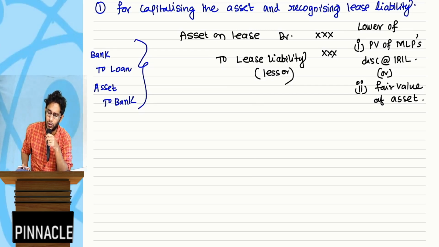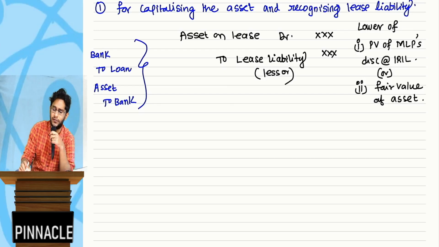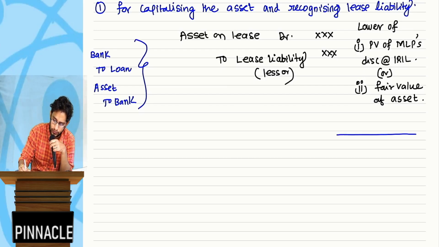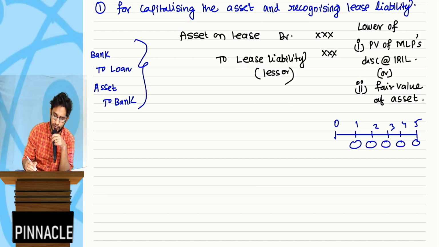Sir, but what is that lower of fair value? What is all that? See, that much application you don't have, but still I'll tell you, if you understand, it's fantastic. Listen. Sir, I have lease rents over here. These are all my lease rents.